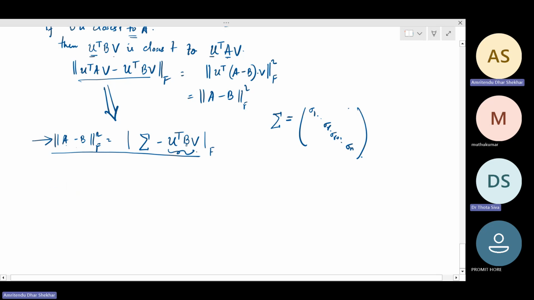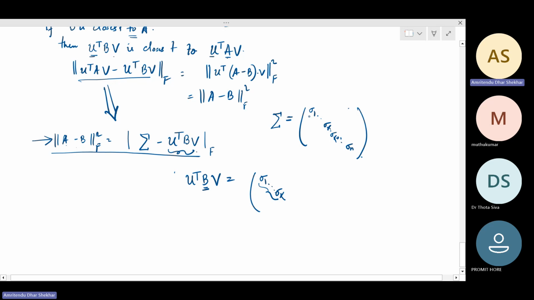To summarize, this Frobenius norm is going to be minimized if U transpose BV looks like this. B has to be a rank K matrix, so I'm going to choose the first K singular values.